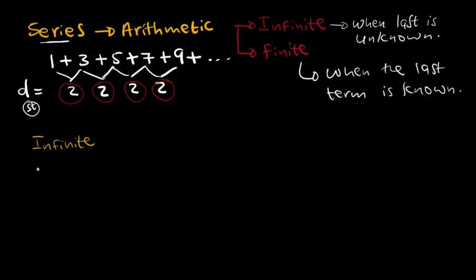Here is the formula that you will use. Sn will be n over 2 times 2a plus n minus 1 d.